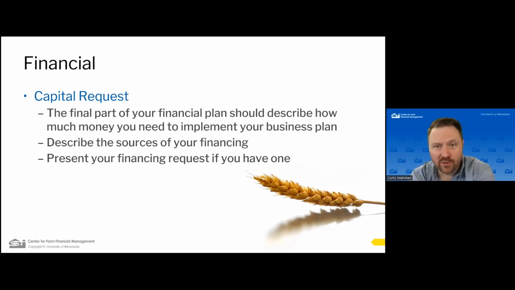And as we've been writing this section, we've talked about, okay, we need to lease this equipment. We've talked about that in the asset management, but now we're talking about that here. We're talking about how much we want to put down. We're talking about we're going to go for this type of loan from FSA, guaranteed loans. We're talking about all of those things. This is where you get to present that financing request if you have one.